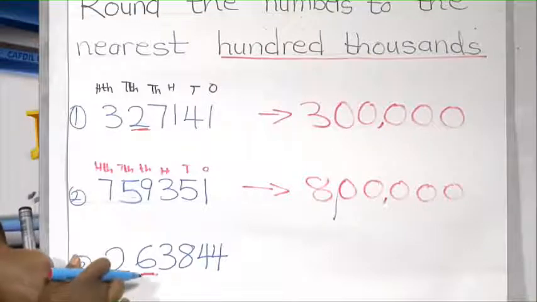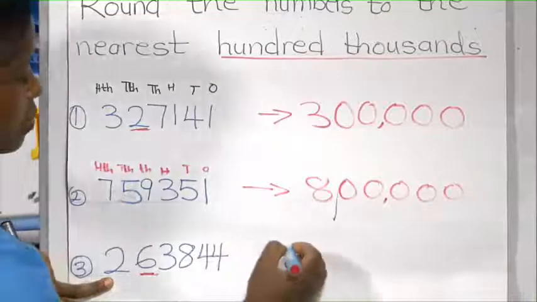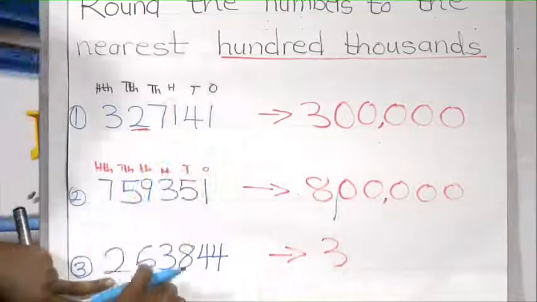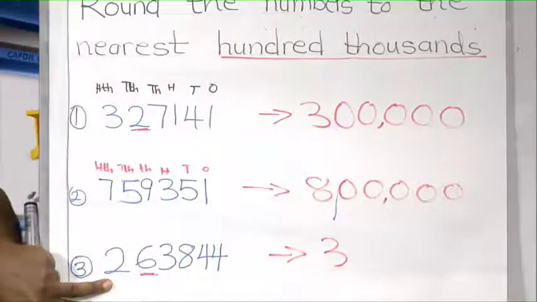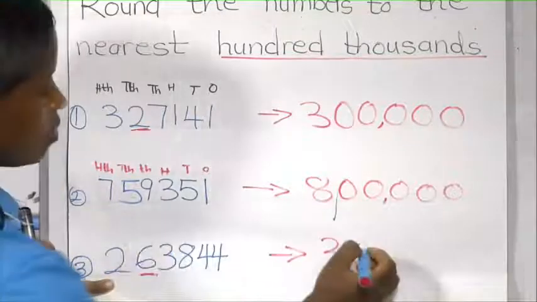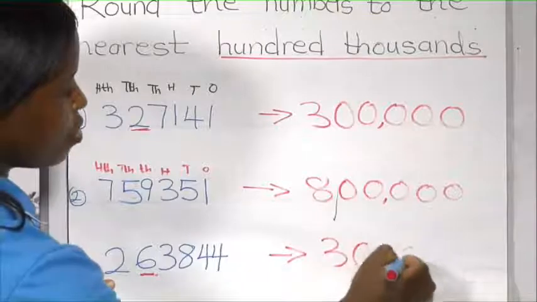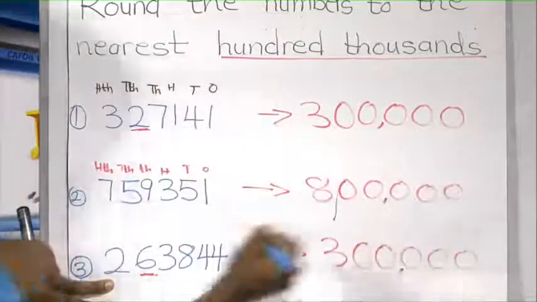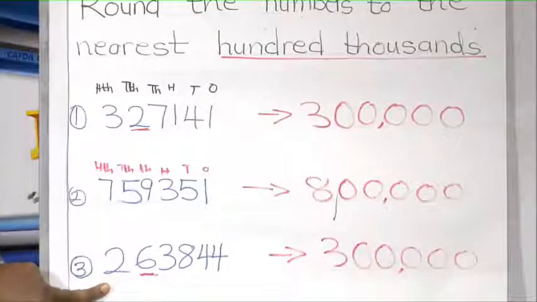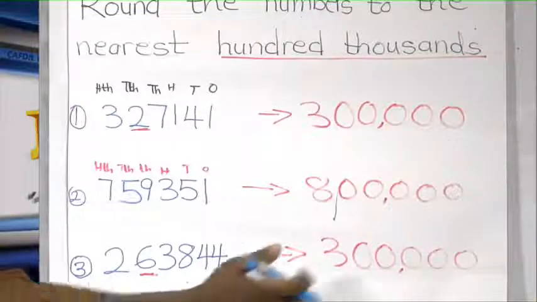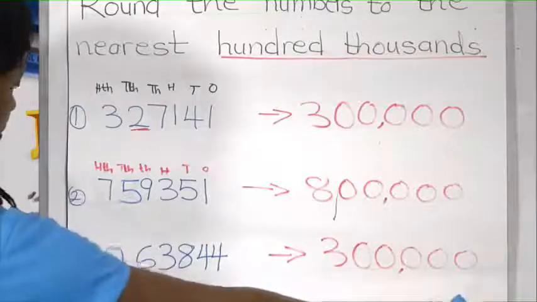When we add 1 to the 2, we will get 3. And write the rest of the numbers as zeros. So we will get 300,000. Rounding this number to the nearest 100,000 will be 300,000.